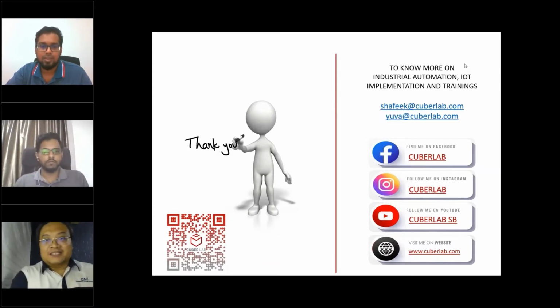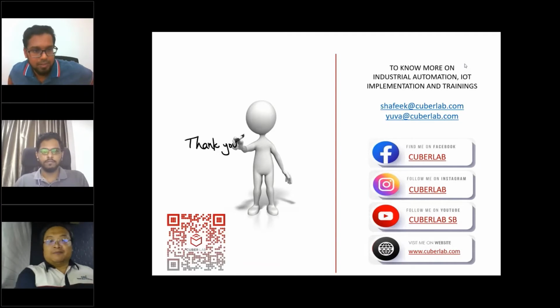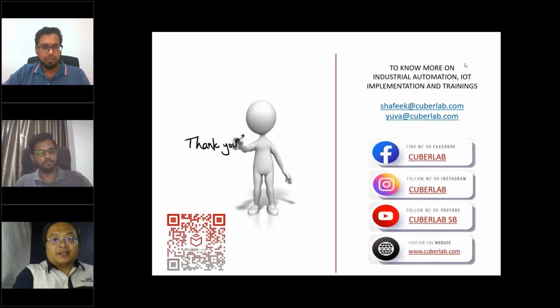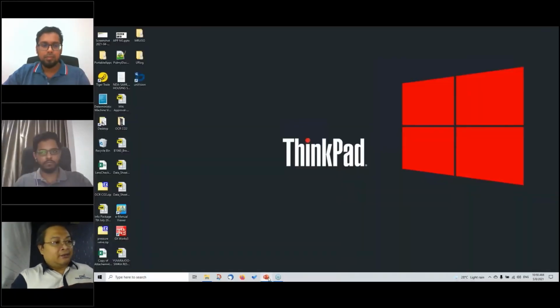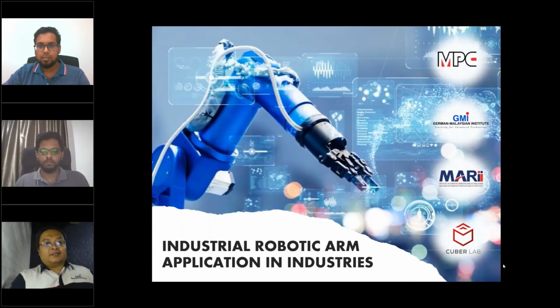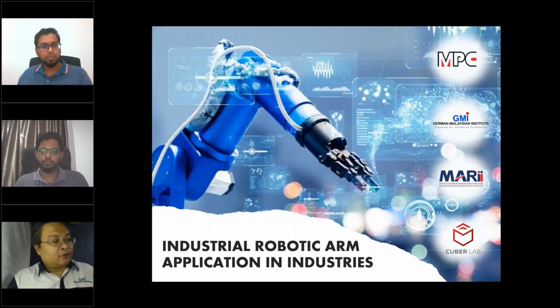Okay, thank you, Mr. Shafeek. It is a very good insight on the types and functions of industrial robots. I noticed that there are some terms that have been used during the presentation, like collaborative robot or cobot.